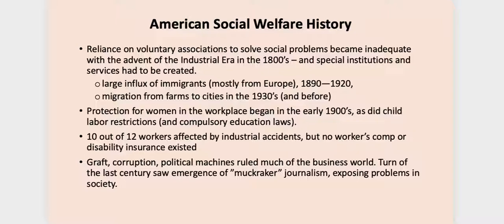There were some improvements in the early 1900s, and this was really, Teddy Roosevelt by this time as president, and the progressive era, which we're going to touch on in a second, was beginning to get underway during that period of time, and so there was improvement for some protections for women in the workplace, in terms of the number of hours that they could be required to work.